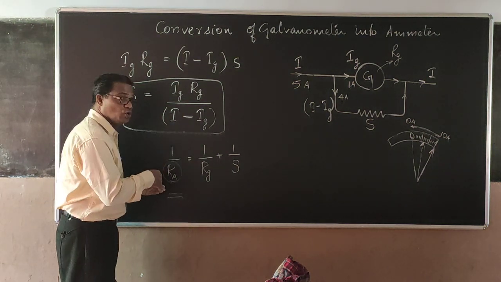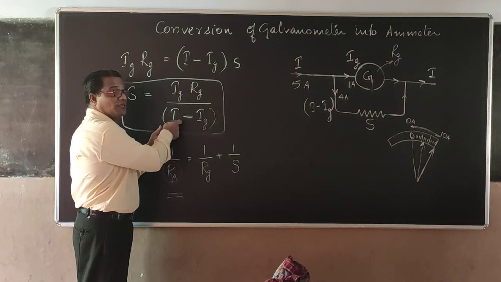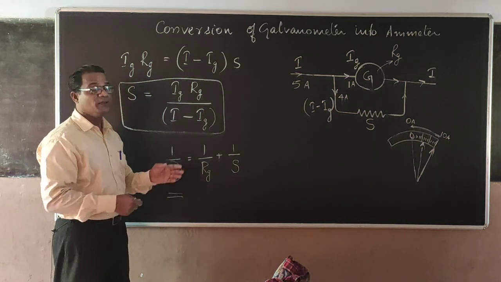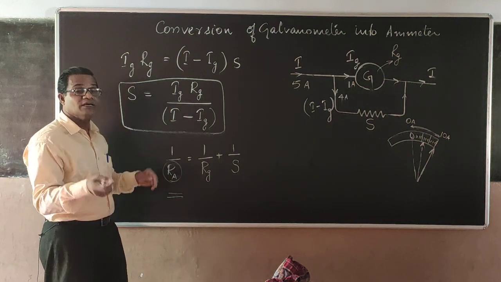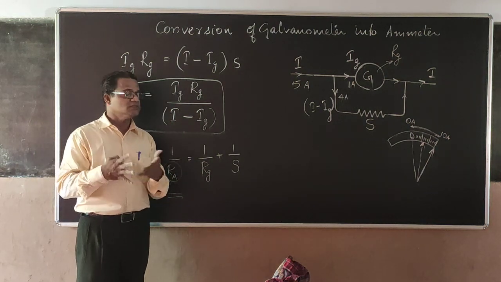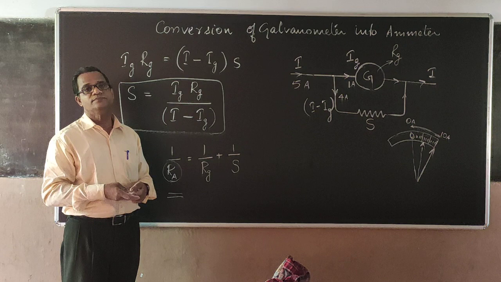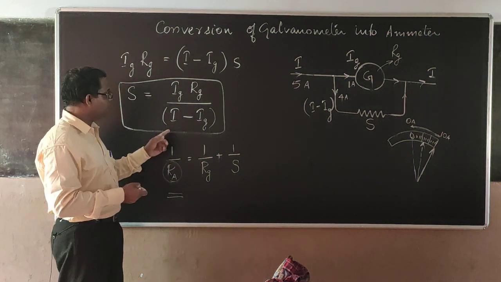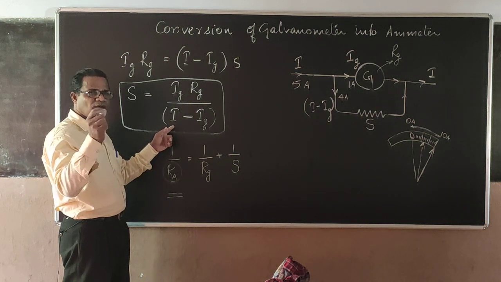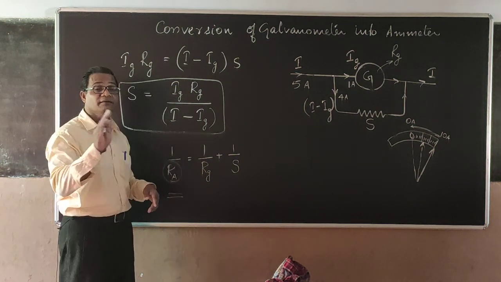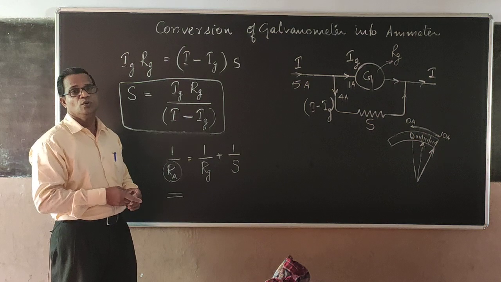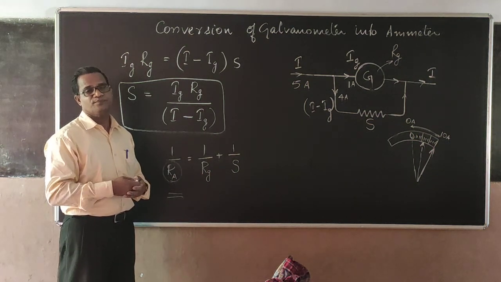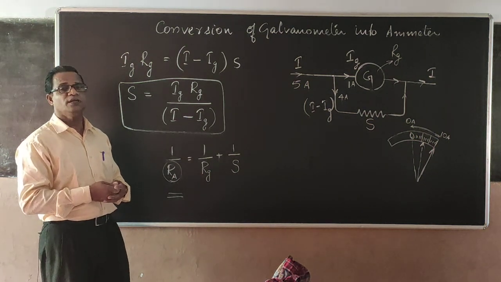Even further, if you go on reducing this value, a negative sign will come here and the shunt resistance becomes negative. Negative resistance is not possible. So decreasing the range of the ammeter is possible only up to a limit, but increasing we can do to a very large extent. These are the points to be noted.